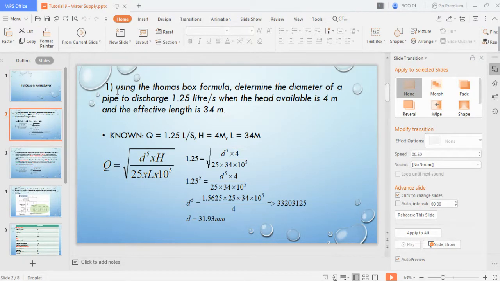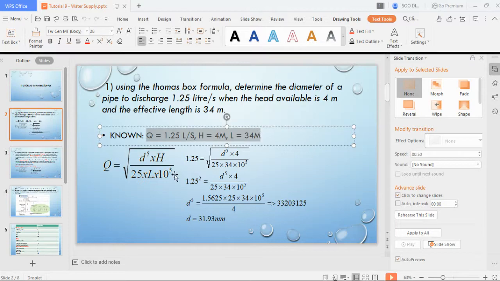So the first question is asking you to use the Thomas Box formula to determine the diameter of a pipe discharge. You are given that the pipe has a 1.25 liter per second discharge, the head available is 4 meter, and finally the effective length is 34. So these are your known factors.